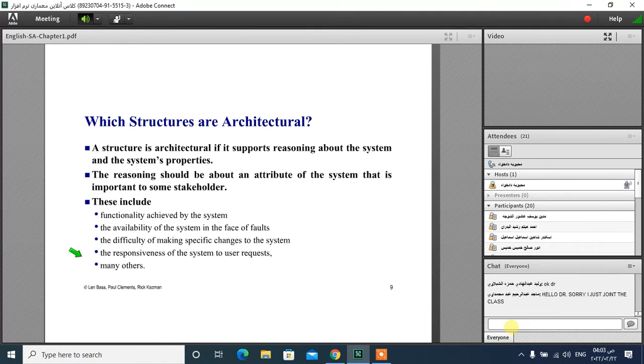So if a structure can help you to reason about each one of these attributes, then you can call that structure an architectural structure.